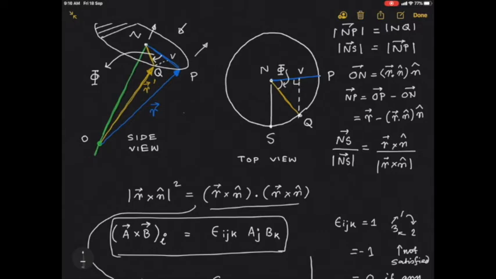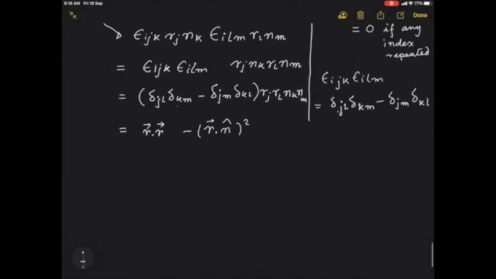Okay, let us calculate. So this is r cross n cap squared, which we have calculated. Let us calculate the square of NP, which is r minus r dot n cap times n cap. This entire thing with its own dot product.